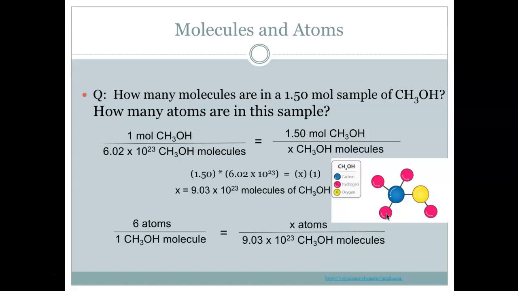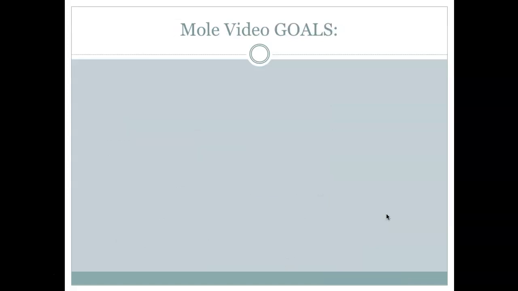We'll set this equal to the information from the problem, so we want to know how many atoms are in 9.03 times 10 to the 23rd molecules of CH3OH. Cross multiply, solve for x, and we find that that many molecules of CH3OH contains 5.42 times 10 to the 24th atoms. That brings us to the end of this video.